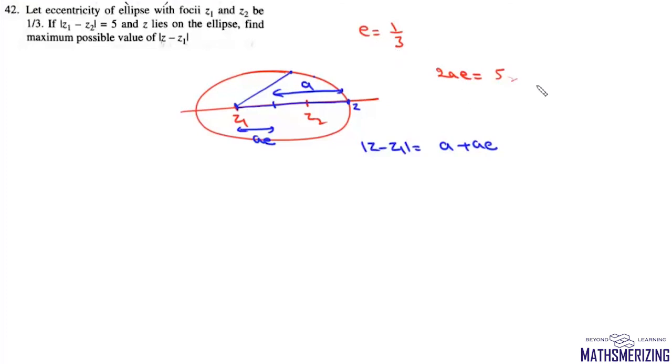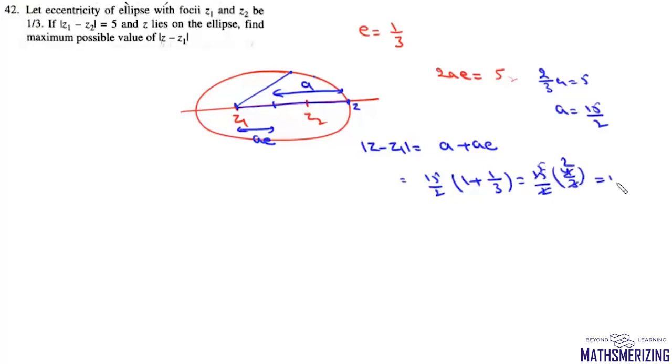Putting e as 1 by 3, we get 2 by 3 a equals 5, so the value of a is 15 by 2. Taking a common, we get a times 1 plus e, with e equal to 1 by 3, which is 15 by 2 times 4 by 3. This gives 10. So the maximum possible value of mod Z minus Z1 is 10.